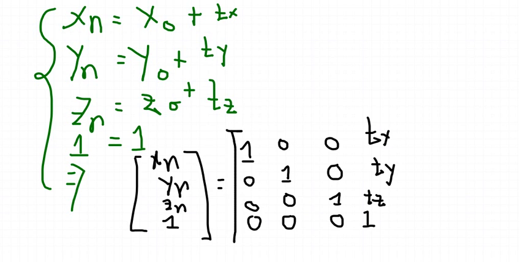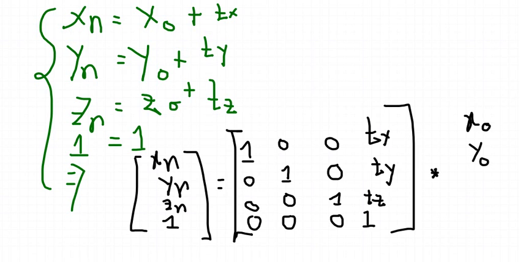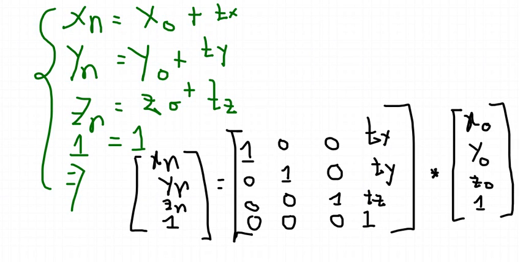So here we go, and multiply this with your original point, which was defined by x old, y old, z old. So we are done. You can see that if you do the multiplication on the right hand side, you will arrive at the same conclusion as these four equations.